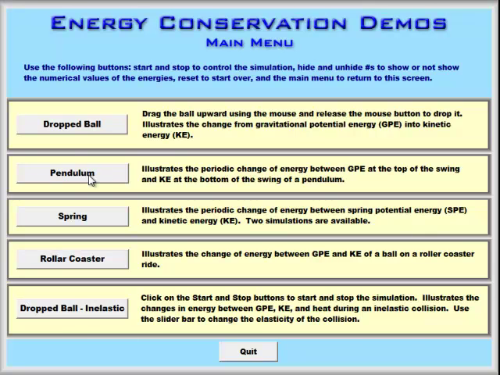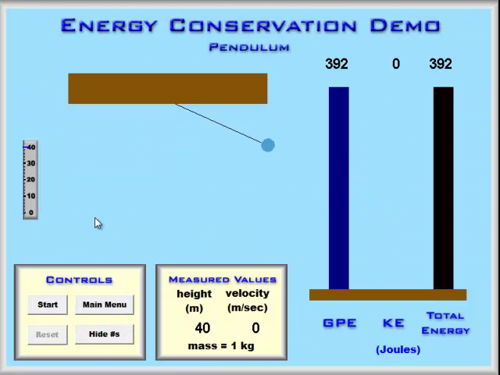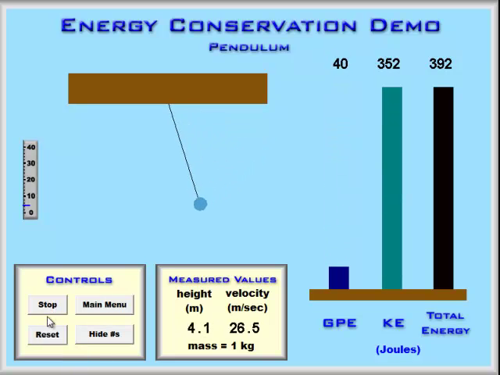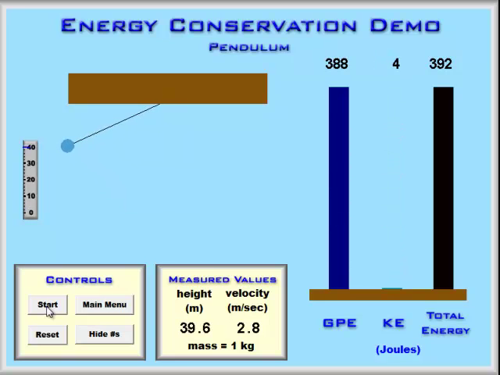Basically, the simulations show that it doesn't matter what the situation is, the same energy conservation occurs. In this case, you can start and stop a pendulum and measure the height, the gravitational potential energy, or the velocity, and do the calculations to show that the total energy is conserved.